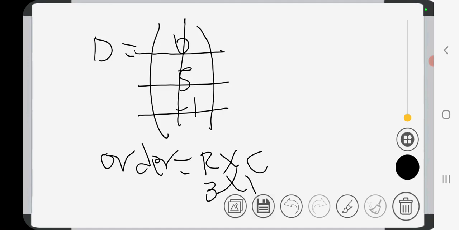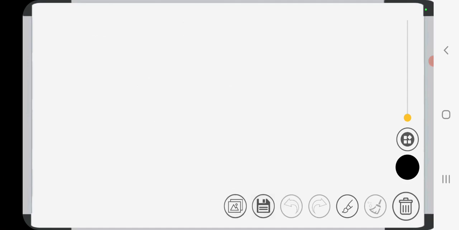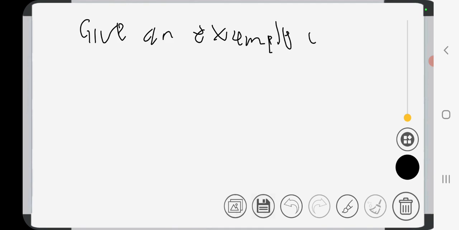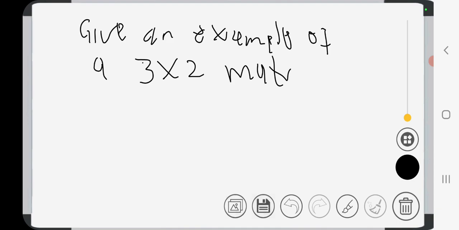So now, if the question says give an example of a 3 by 2 matrix, this is one way that I would love us to do it. By solution, the first number here is for the rows and the second number here is for the columns.